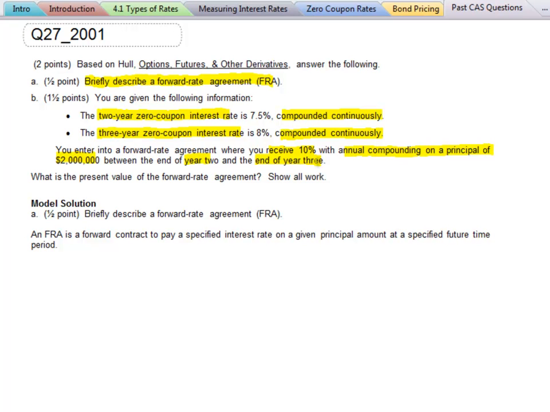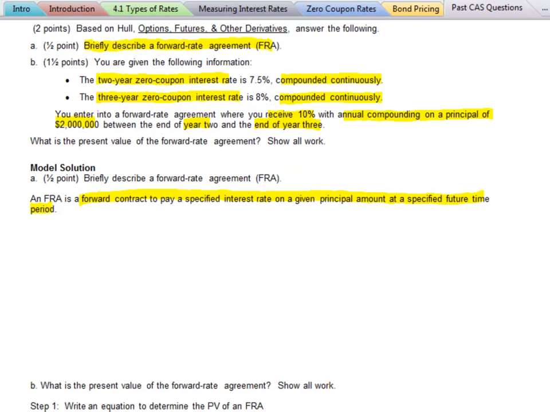What is the present value of the FRA? Show all work. A brief description of an FRA is: it is a forward contract to pay a specified interest rate on a given principal at a specified future period.